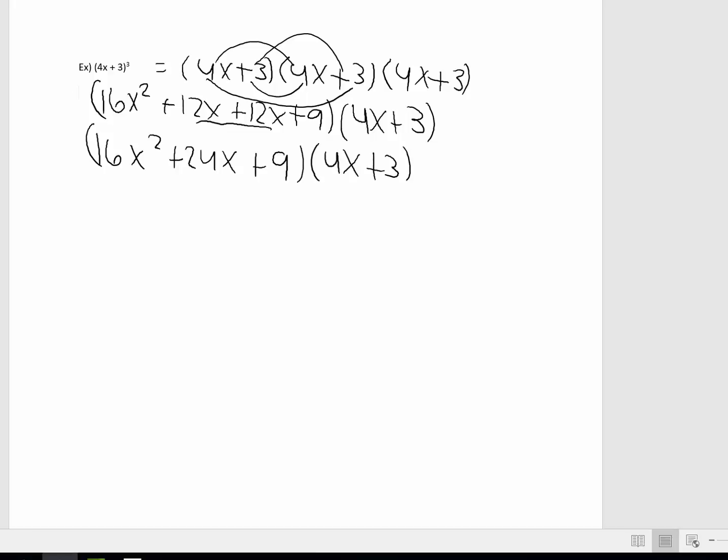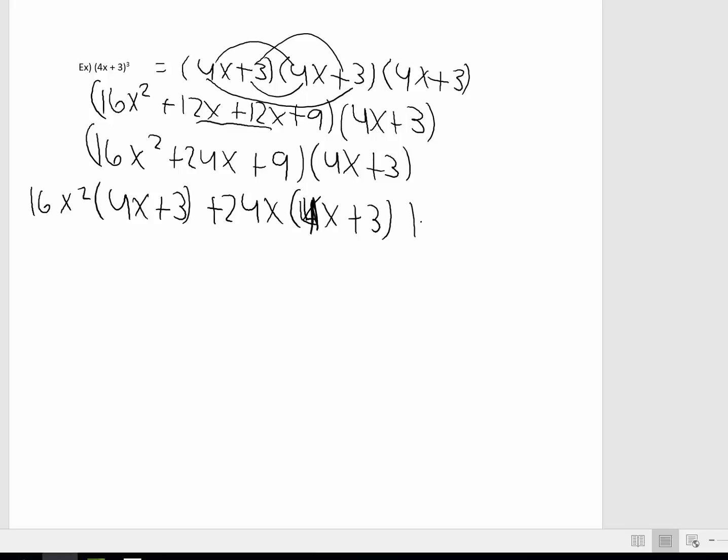Now again, I'm going to use the distributive property. So the 16x squared, multiply by 4x plus 3. Take the 24x, multiply by 4x plus 3. And then take the 9 and multiply by 4x plus 3. So distribute.